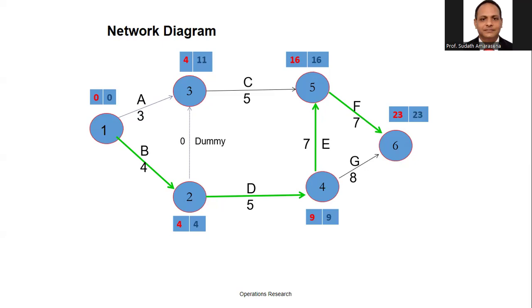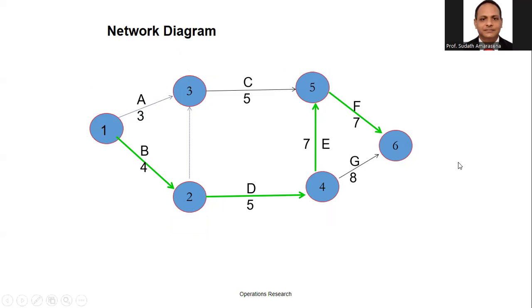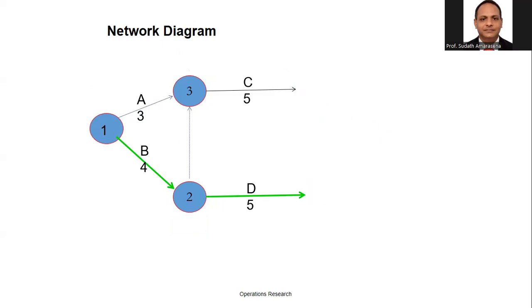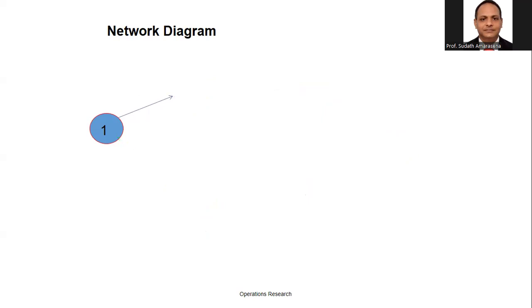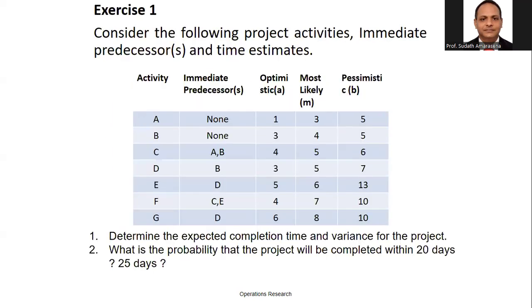Right? Now, after you identify the critical path, you can go to the second question. The question asks, what is the probability that the project will be completed within 20 days and 25 days?